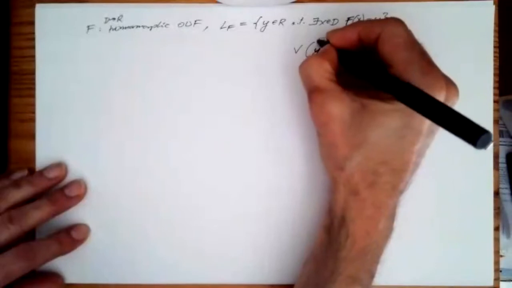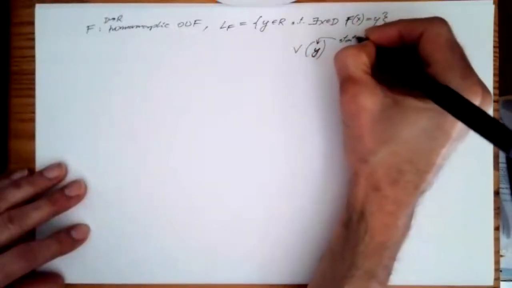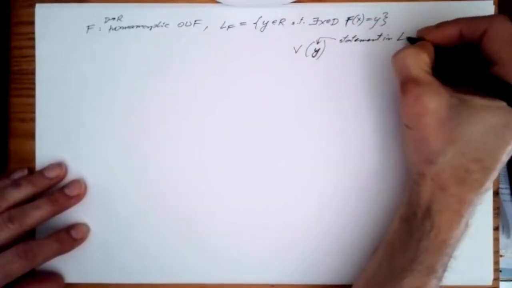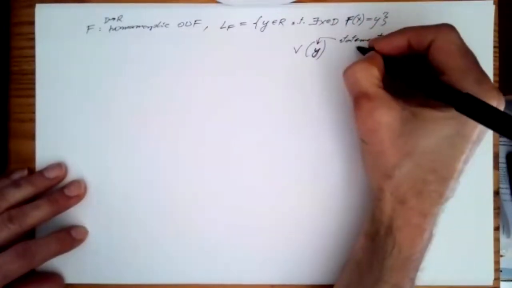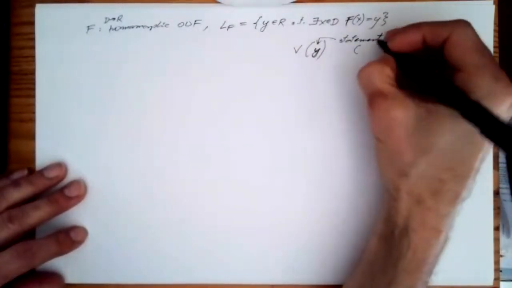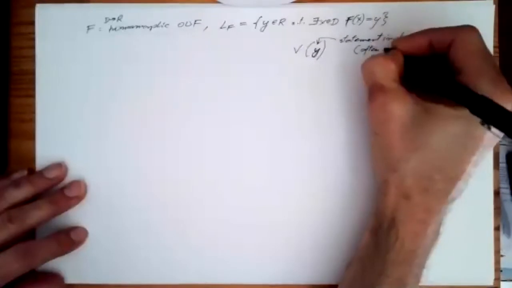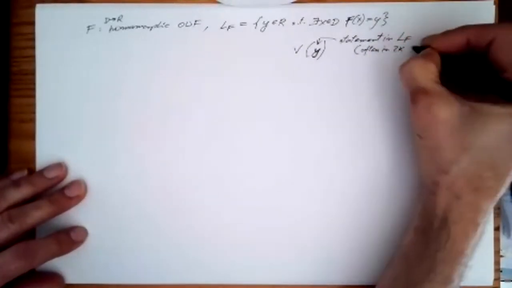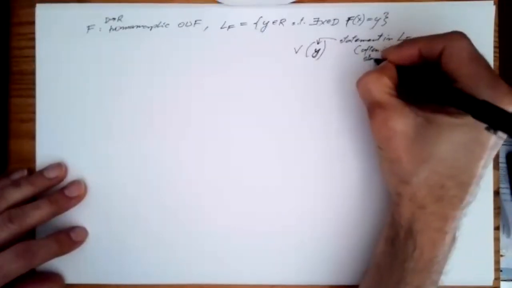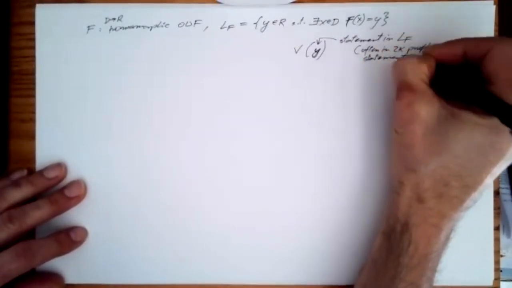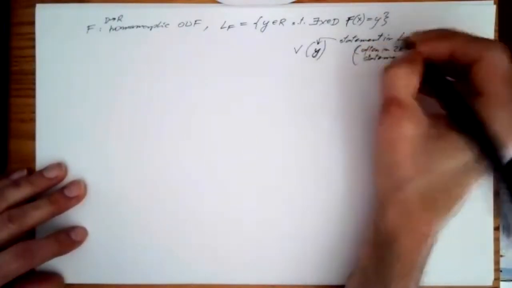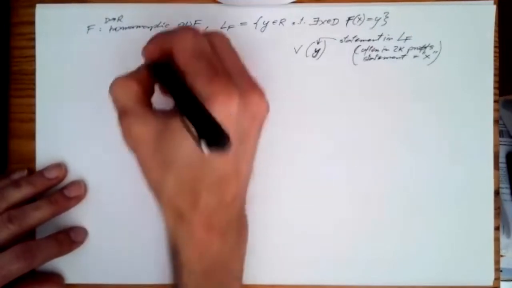So now this is the statement in language LF. The notation is a little bit clashy. Often in ZK proofs, the statement is denoted X. But here I'm going to denote the statement as Y.